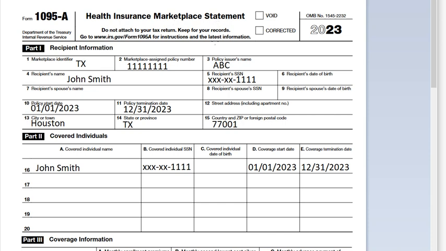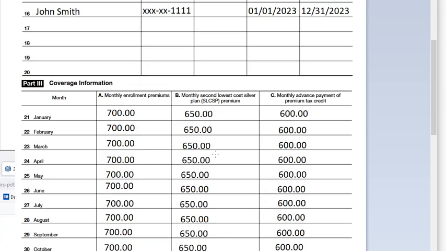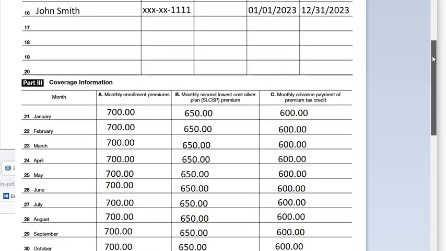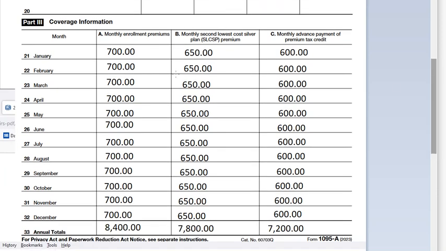For anybody who buys health insurance from the health insurance marketplace, at the end of the year you will get a statement like this. And then part 3 is the information that we'll need. We'll come back to this part in a few minutes.